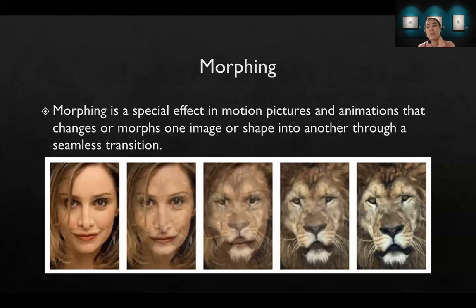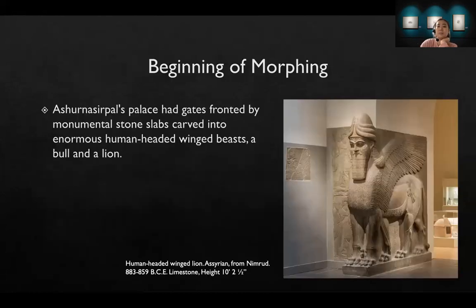Morphing is a special effect in motion pictures and animations that changes or morphs one image or shape into another through a seamless transition. It looks like a very contemporary technique. However, morphing art has been tried by ancient artists, like we just learned.